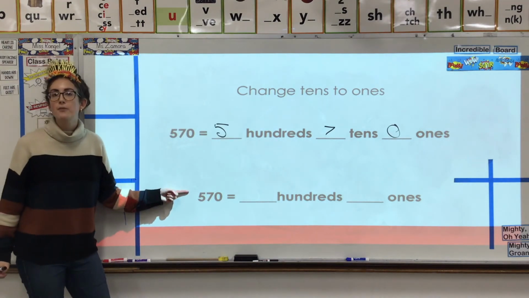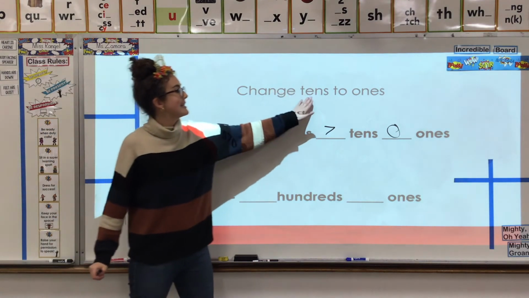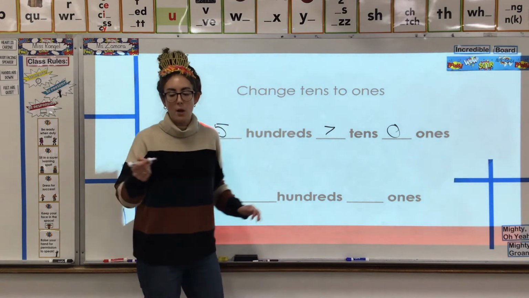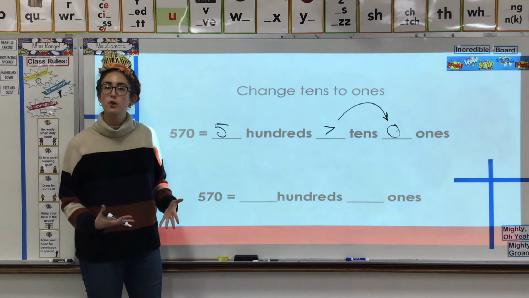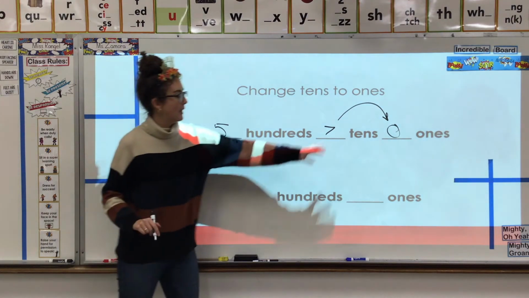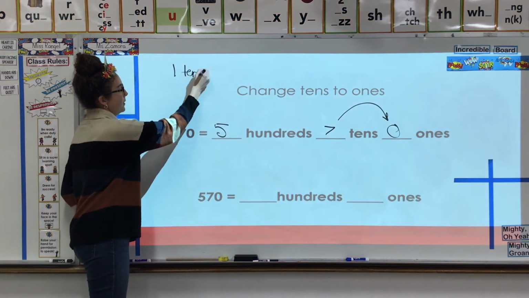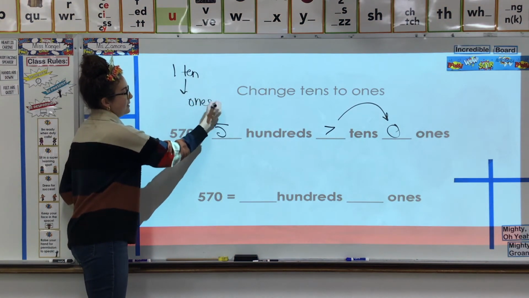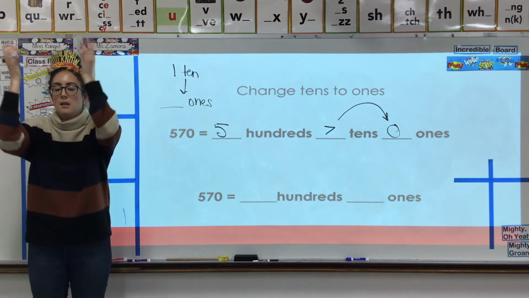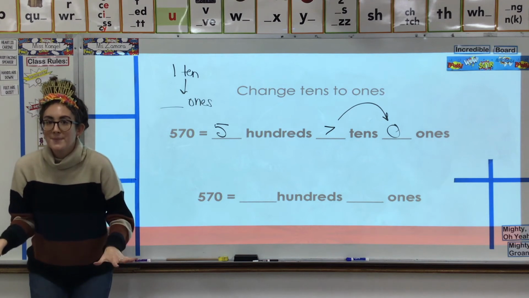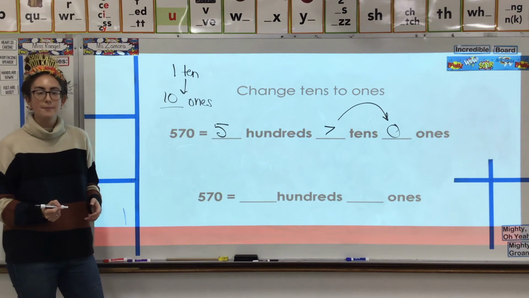If we want to show 570 a second way, we could change tens to ones. We're going to take our 7 tens and now show it as a group of ones instead. So if we have a group of 7 tens, we first got to remember 1 ten equals how many ones? 1 ten equals, of course, 10 ones.